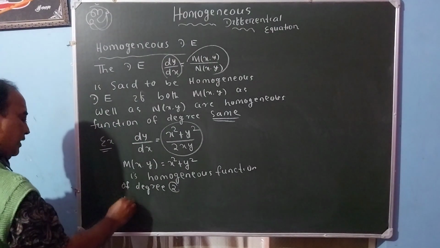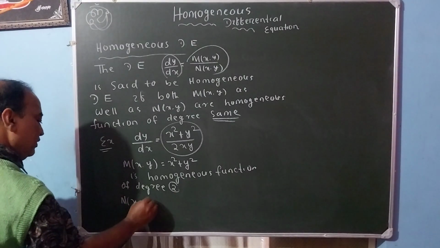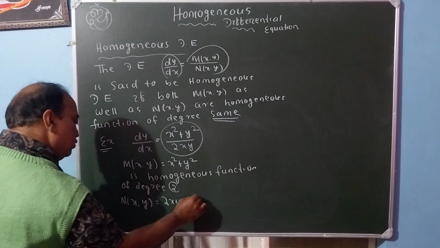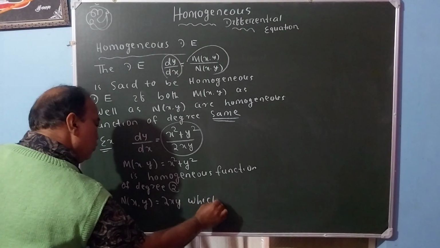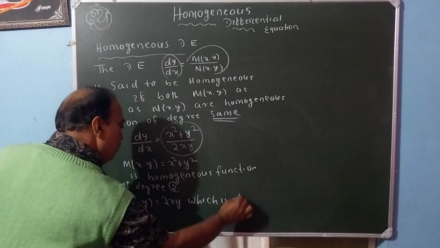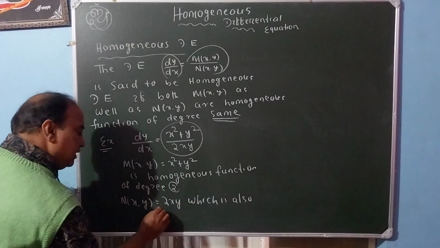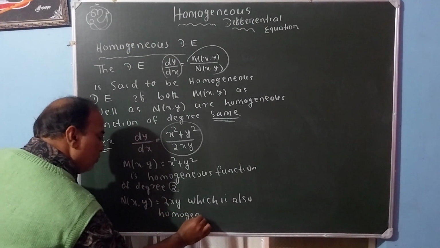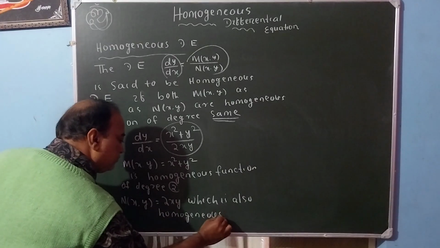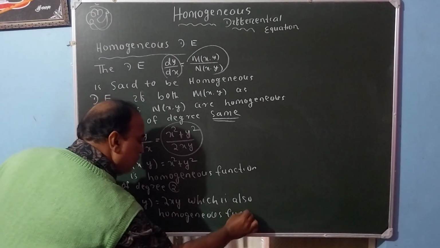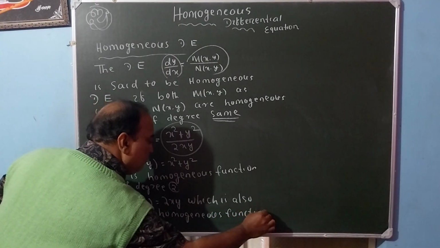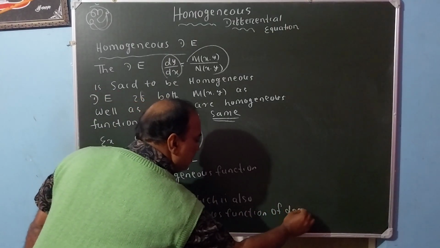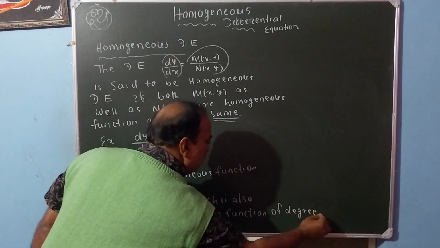Now N(x, y) = 2xy, which is also a homogeneous function of degree 2.